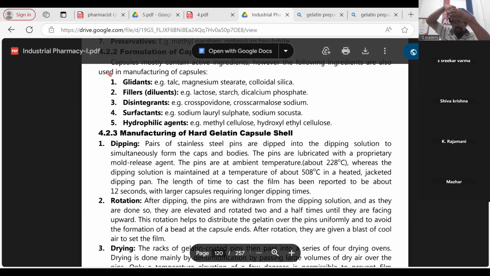After dipping comes rotating. Why are they rotating like this? Because you want uniform distribution of gelatin on the pins. After rotating, you send this to the drying part. After drying, you strip these capsules out from here. After stripping, you trim them to the exact location. Then you will join these two capsules.